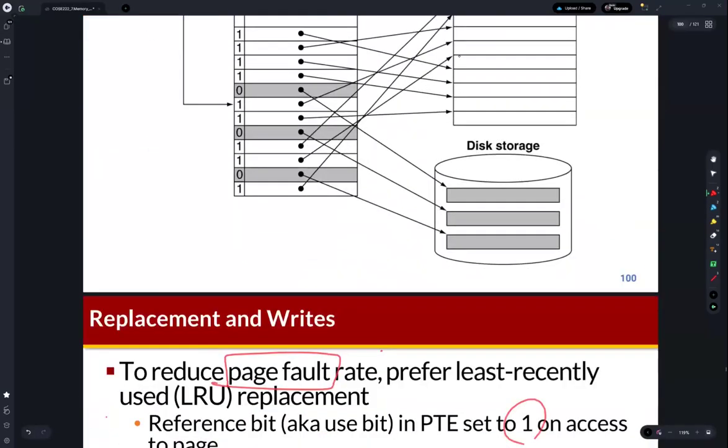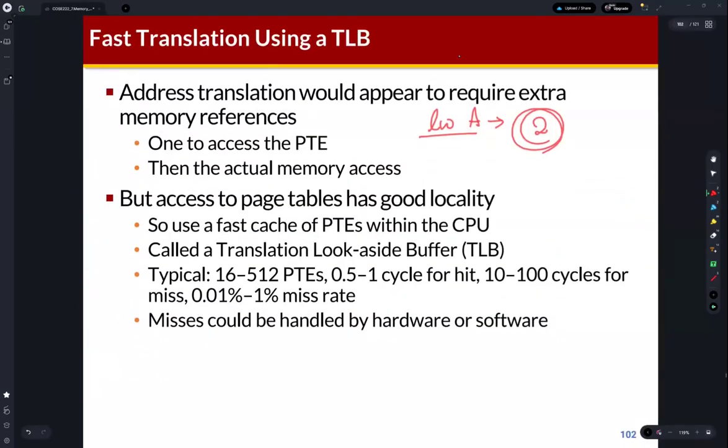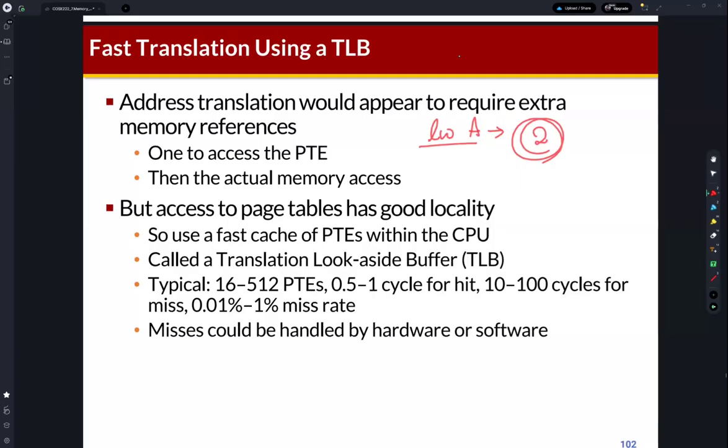To avoid this storage overhead by the page table, the operating systems just use a hierarchical page table. But we'll not learn about the hierarchical page table.